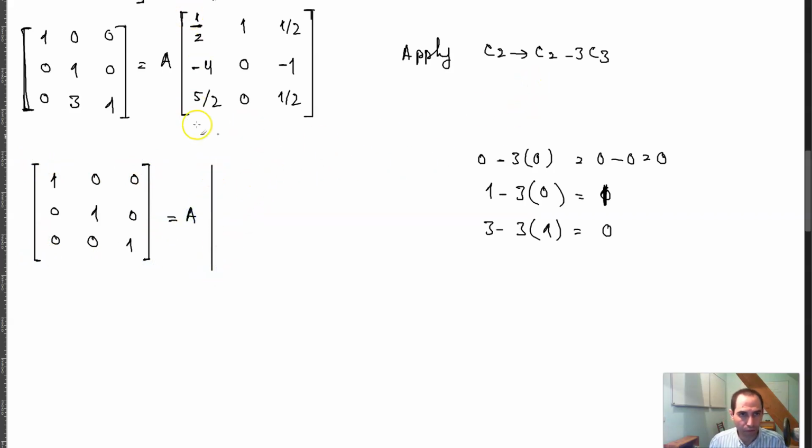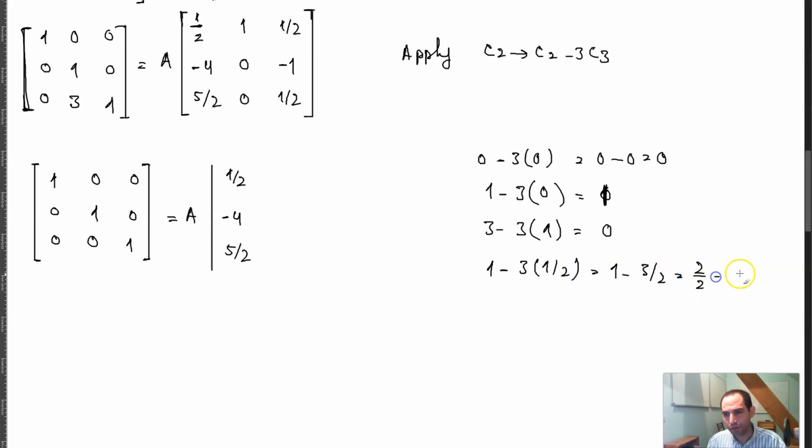Then column 1 remains the same, meaning that you have 1/2, -4, 5/2, and column 2 becomes basically 1 minus 3 times 1/2, which is the same thing as 1 minus 3/2, which is 2/2 minus 3/2, which is equal to -1/2.